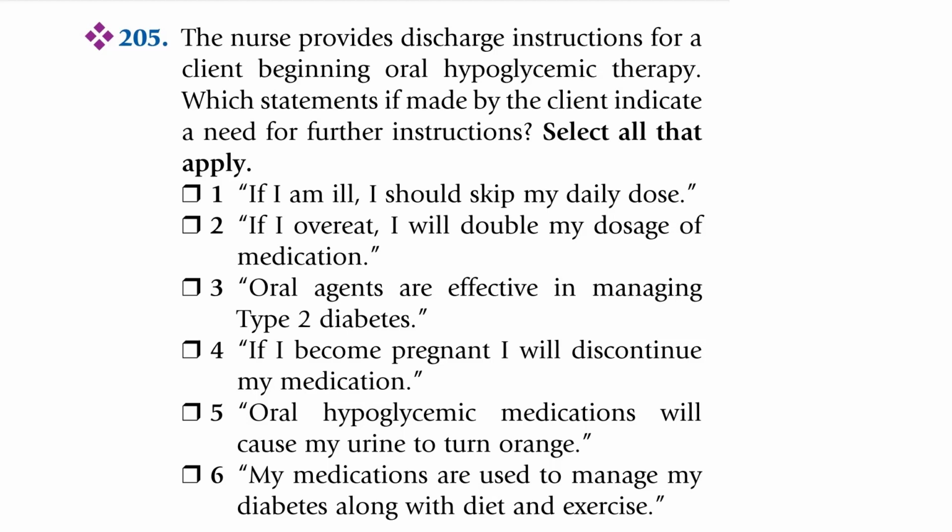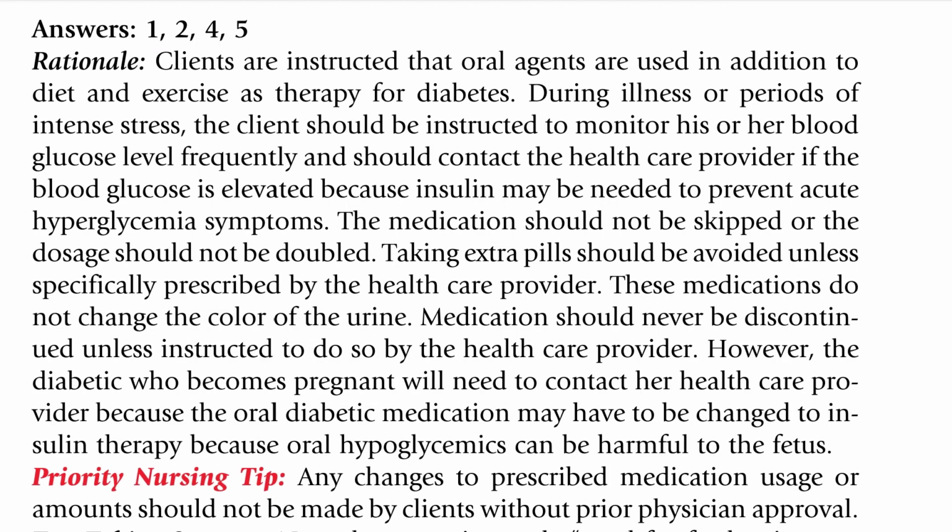Oral agents are effective in managing type 2 diabetes. 4. If I become pregnant, I will discontinue my medication. 5. Oral hypoglycemic medications will cause my urine to turn orange. 6. My medications are used to manage my diabetes along with diet and exercise. Answers 1, 2, 4, 5.